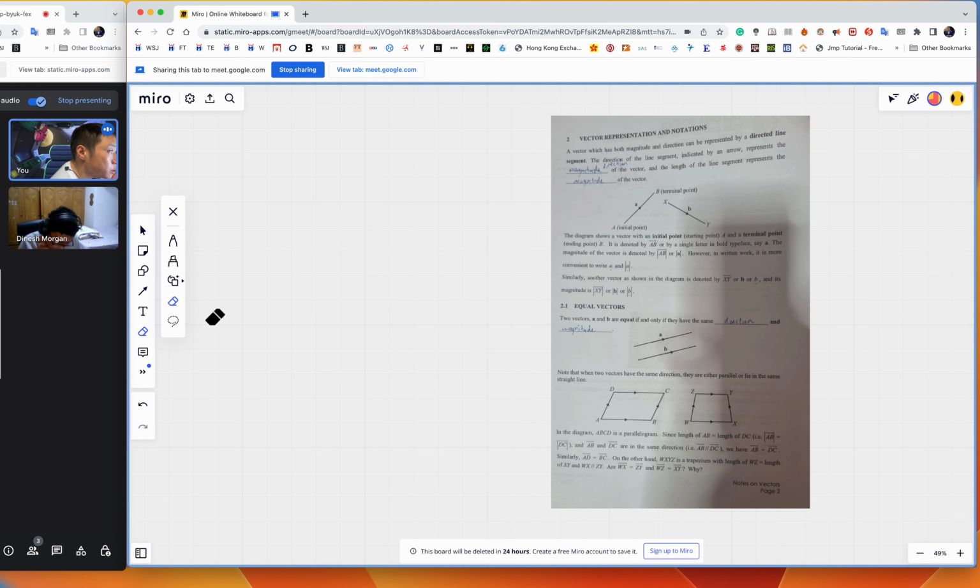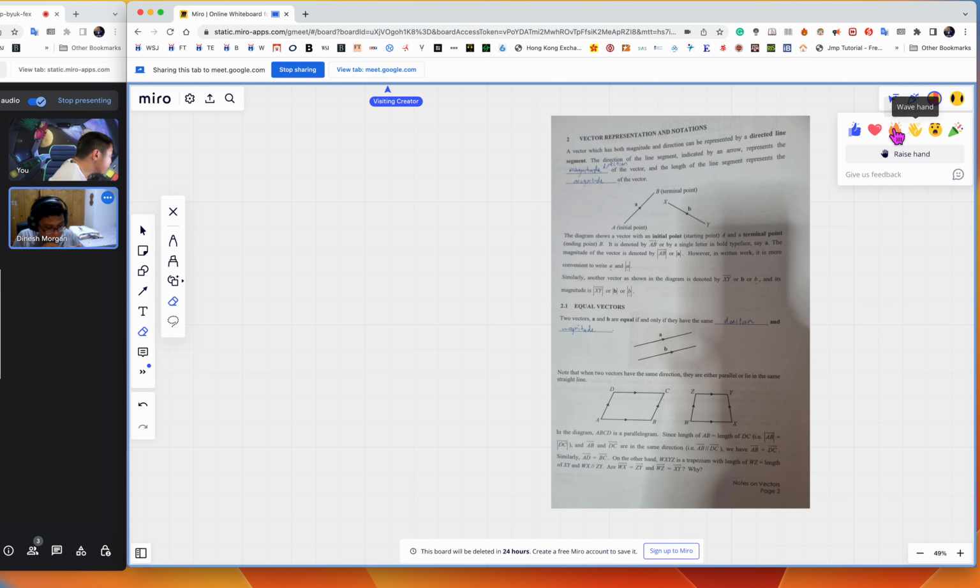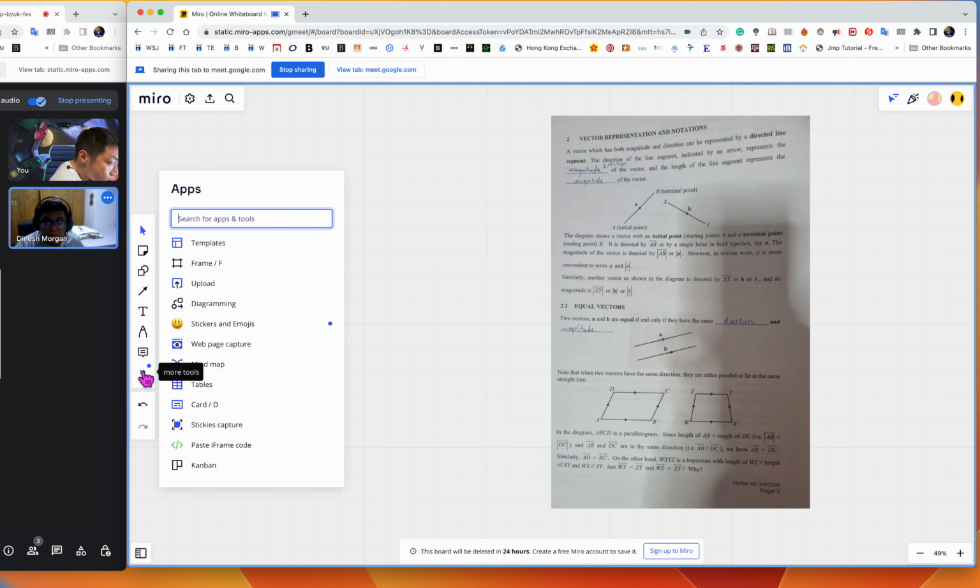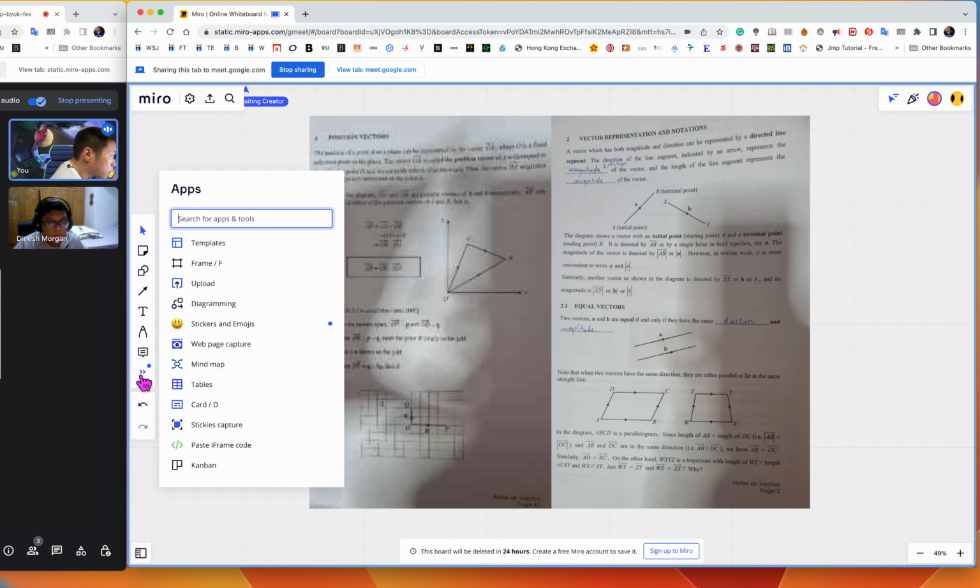I think I like this Miro app a lot more because the writing is also more precise. Oh, you're uploading another one, right?